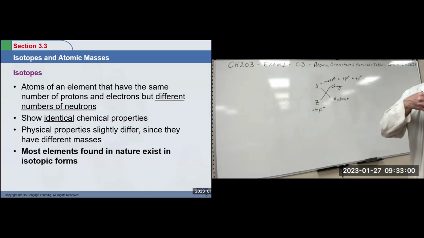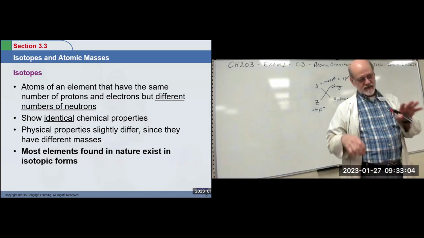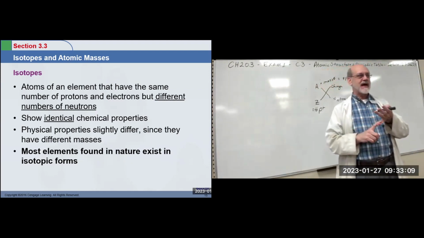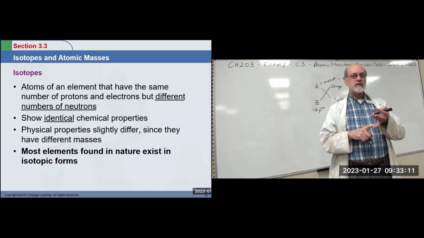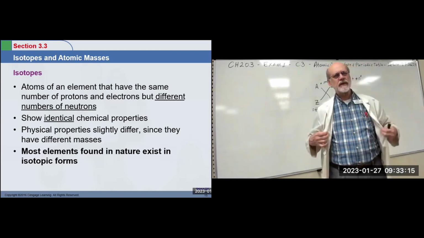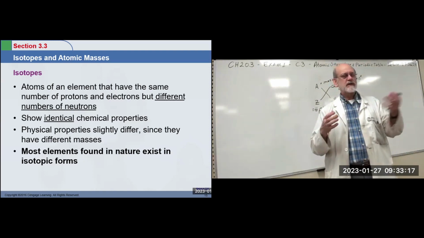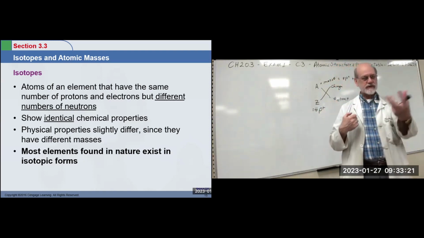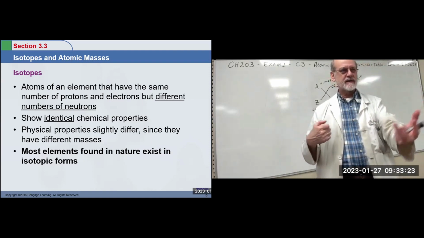Now, I'll give you a little teaser. The atom, yes, is made up of protons, neutrons, and electrons. But the chemistry of the atom is due to the electrons. Think about it. How do we know something reacts? It has to come close to some other element, doesn't it? Right. You can't just sit up there by itself and say something about it.